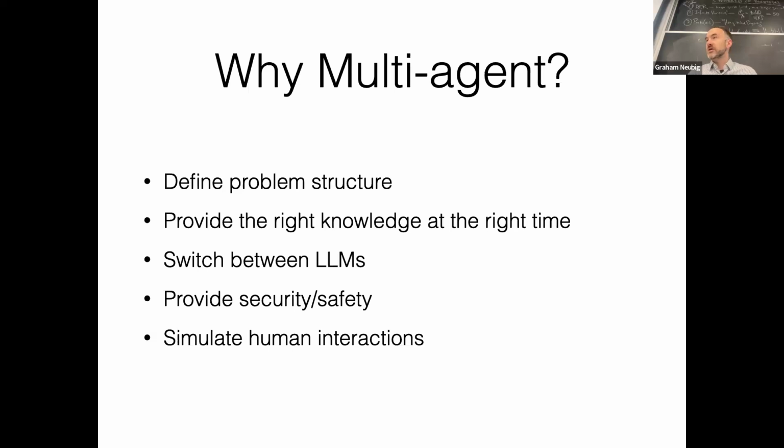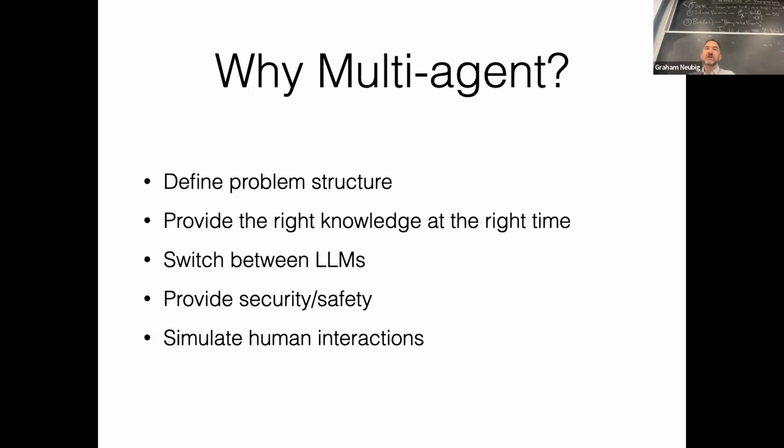Also, there's security and safety. Some people have said that, let's say we have a database access agent, and that database access agent is able to access a database that you don't want any information leaked from or something like that.